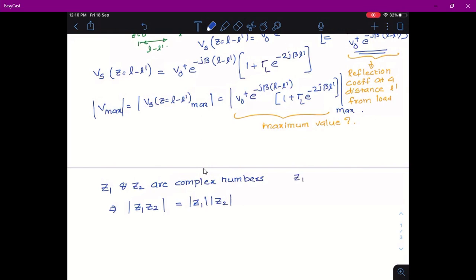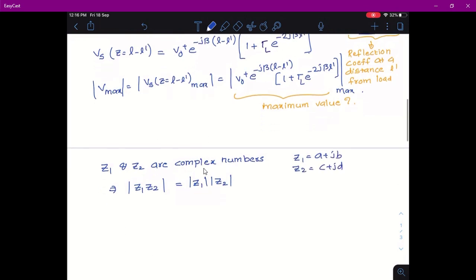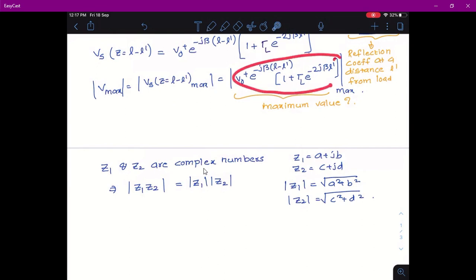So, if Z1 is equal to A plus JB and Z2 is equal to C plus JD, I can write the magnitude of Z1 as root over A square plus B square and the magnitude of Z2 as root over C square plus D square. Okay. So, this is one identity that we are going to use. If you look at this whole term, this is the first complex number and this is the second complex number.